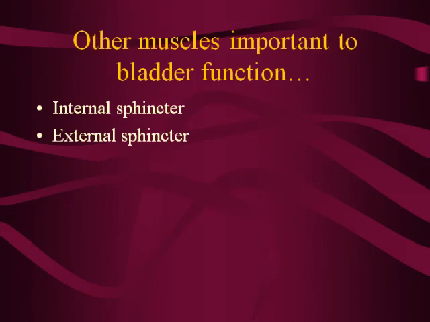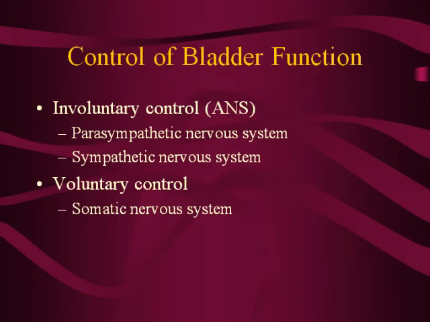So as that muscle contracts, the internal sphincter opens up and allows urine to pass through. Now, the external sphincter is a circular muscle, or circular muscle fibers, and the external sphincter works to stop urination. And this is what helps us stay continent and keeps us from wetting ourselves all the time.